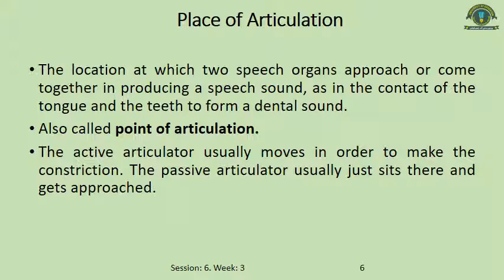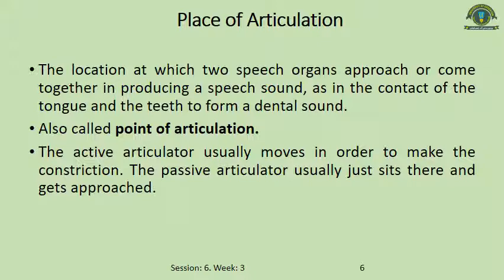The location at which two speech organs approach or come together in producing a speech sound. So when we talk about the place of articulation, that is primarily the location of that particular speech sound, one speech organ or maybe speech organs, as in the case of th and the, the tongue and the teeth.